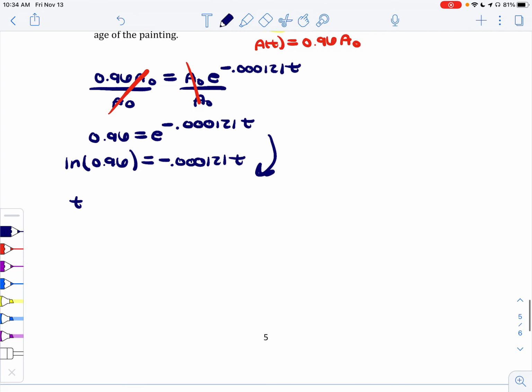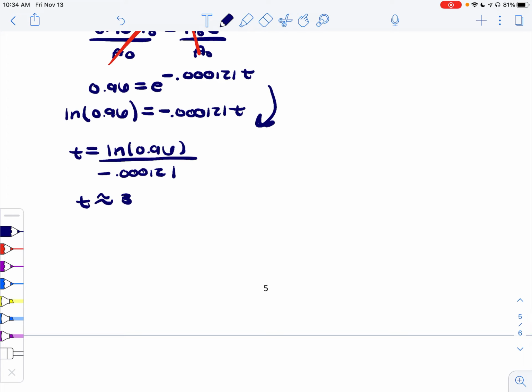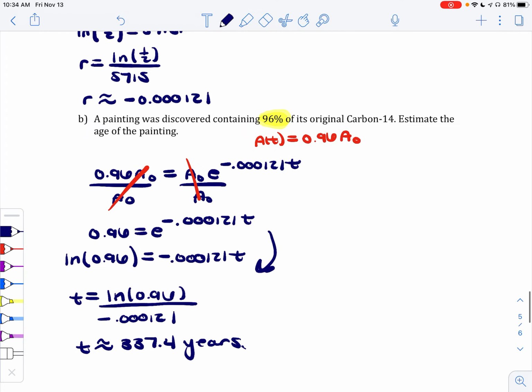And then just divide by our rate, and we will end up with approximately 337.4 years.